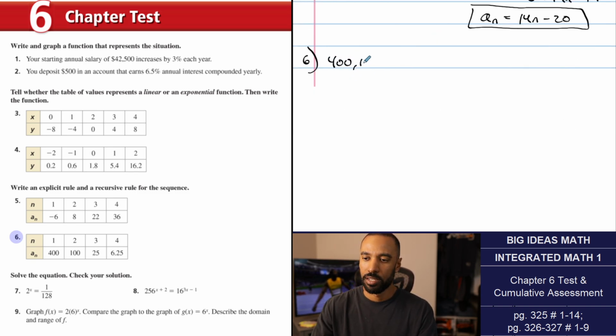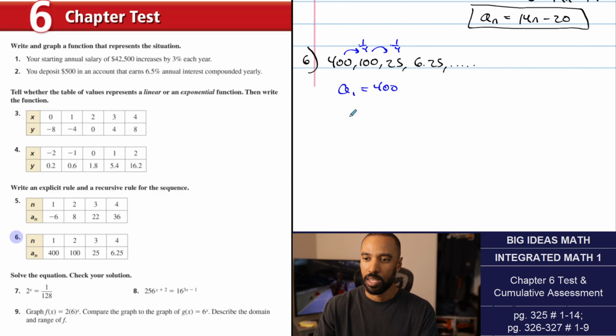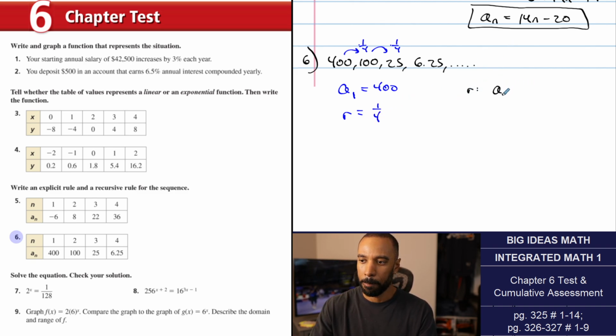So 400, 100, 25, and 6.25. You can bet that's 25 divided by 4 as well. So times 1/4 the entire way through. That is our R value. So our first term is 400. Our common ratio is 1/4. So as a recursive rule, we'll be saying the value of the nth term is 1/4 the value of the previous term, starting from 400.